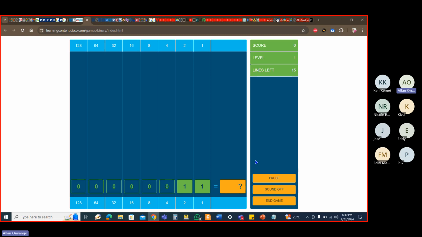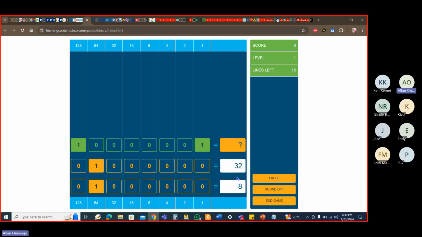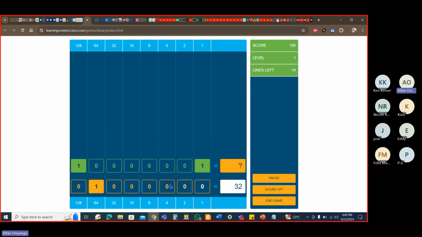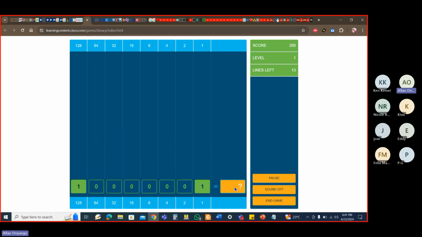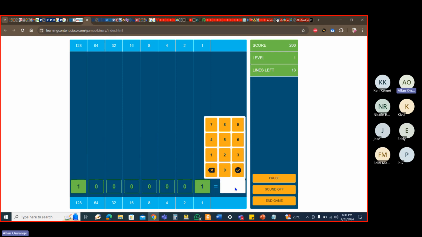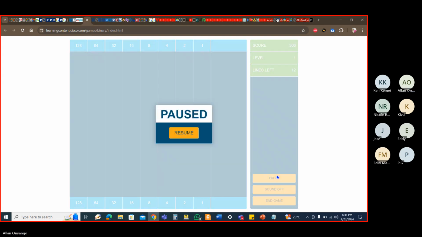The objective is to get to level 4. Right now, this is 1 plus 2, which is 3. This is 8, so put it here. 32 here. This question mark is 128 plus 1, which is 129. Press enter. I need you guys to start playing now.